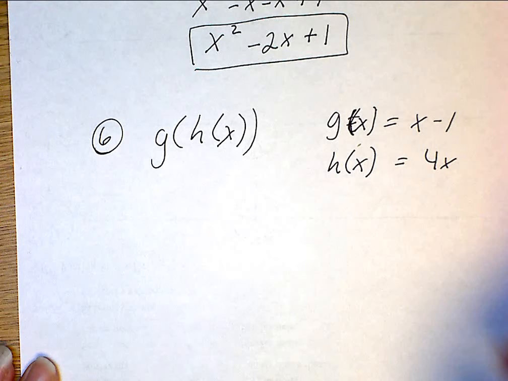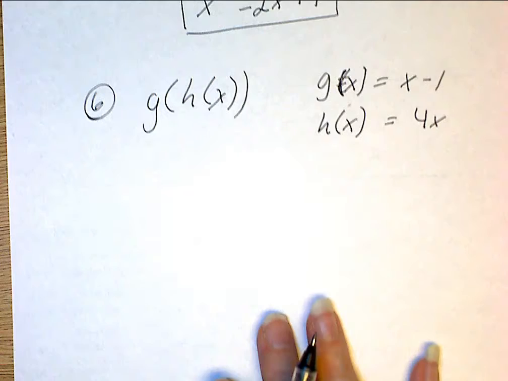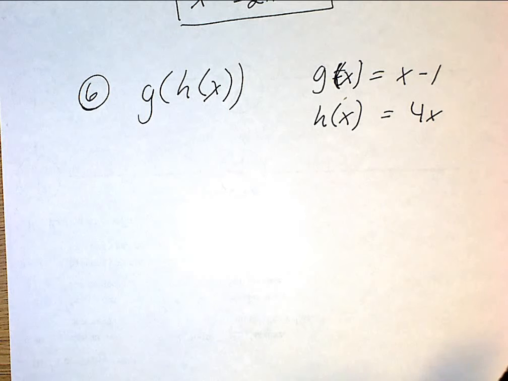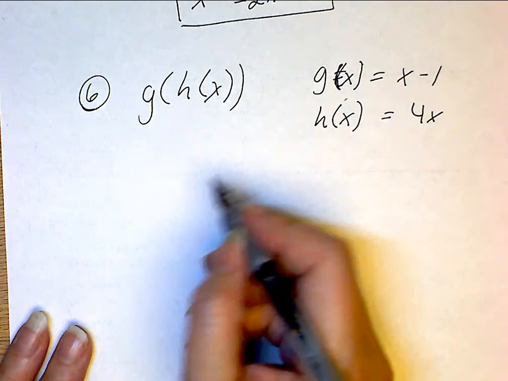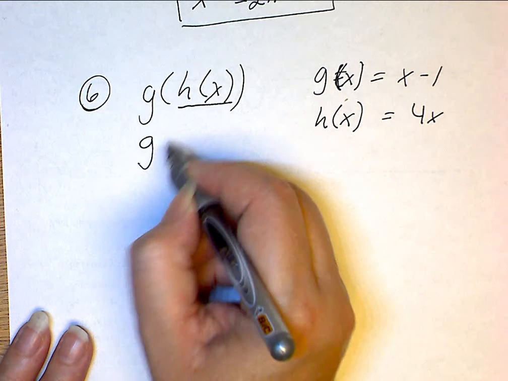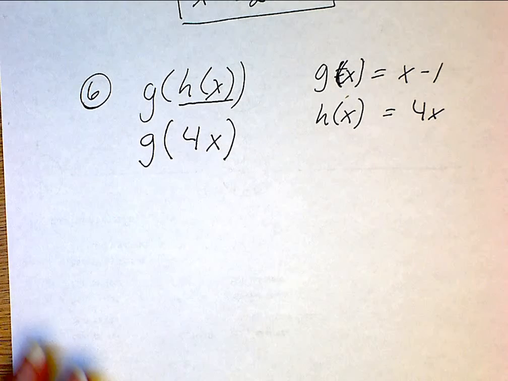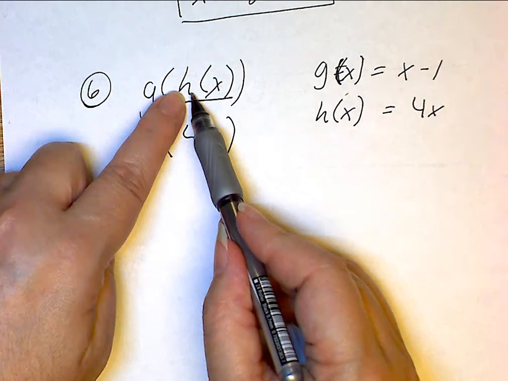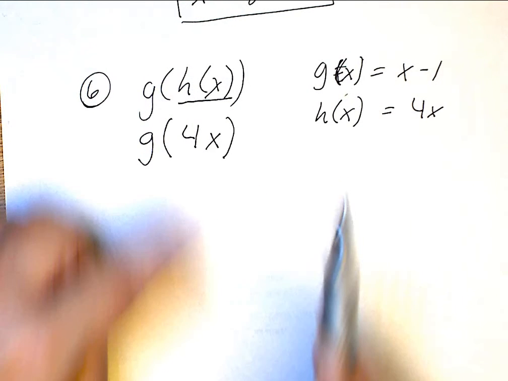So Cody, what's my first step? Yep, so we're going to go g of 4x, because you have to replace this. So h of x is 4x, and we're putting it in there.